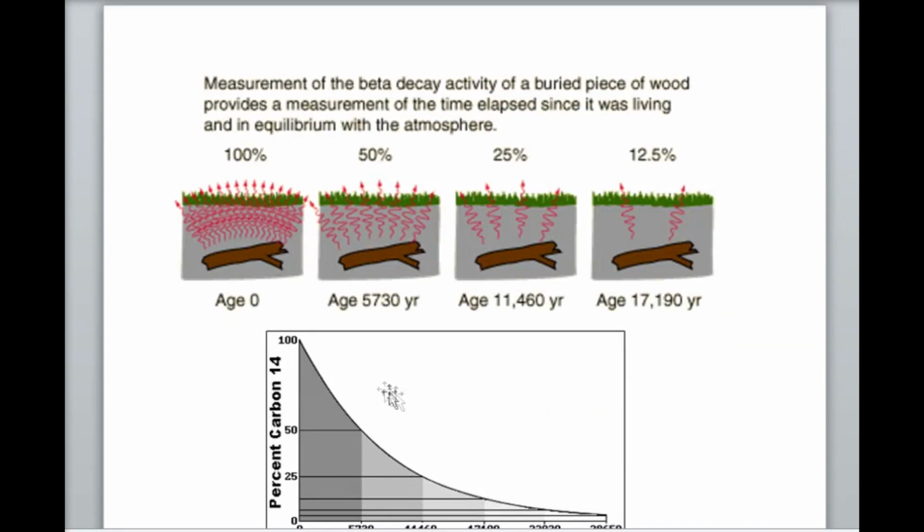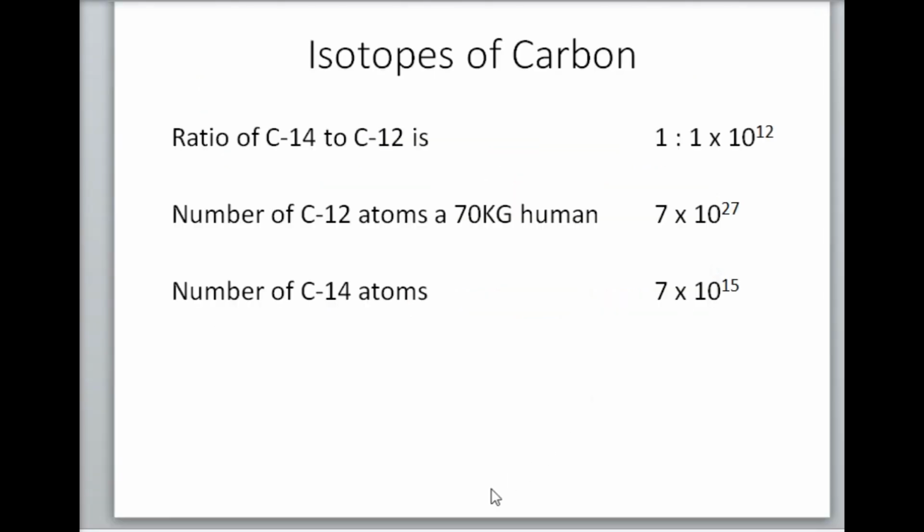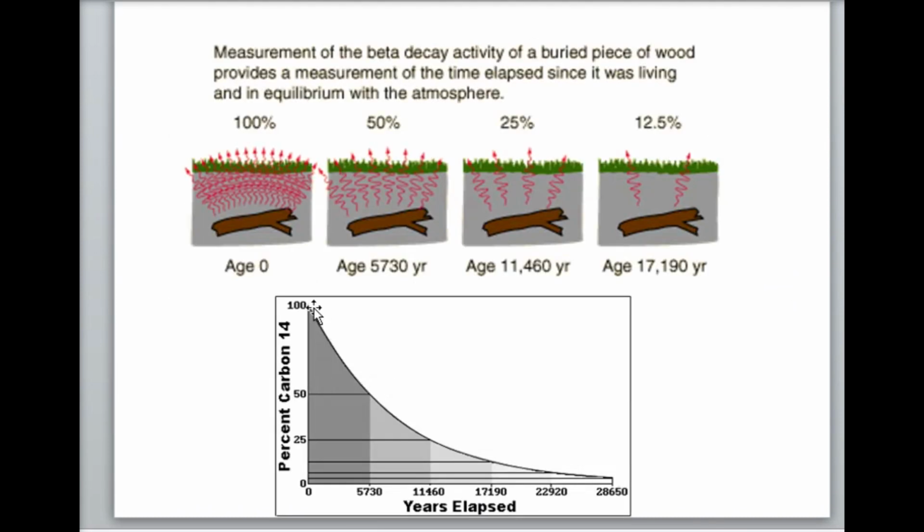Now, over time, what happens is, if you die, you're no longer exchanging carbon with the environment. So the amount of carbon-14 in your body starts off at this number, and it slowly starts to decrease following this pattern over here. You start off with 7 times 10 to the 15, and it's slowly going down.